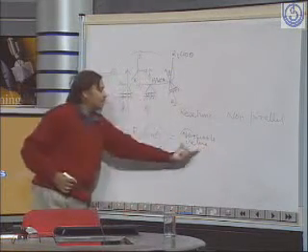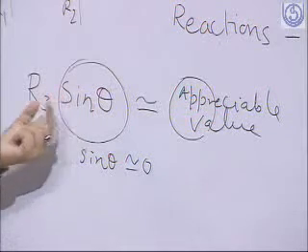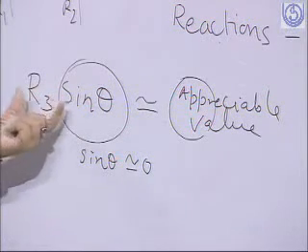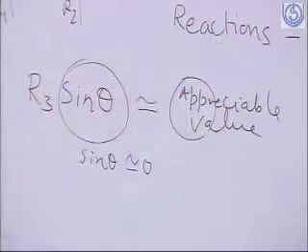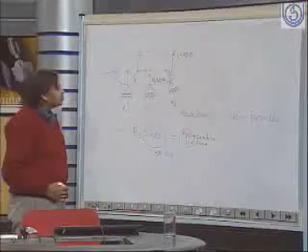Since theta is very small and sin theta is nearing 0, then R3 should be nearly infinite to make its multiplication an appreciable value.